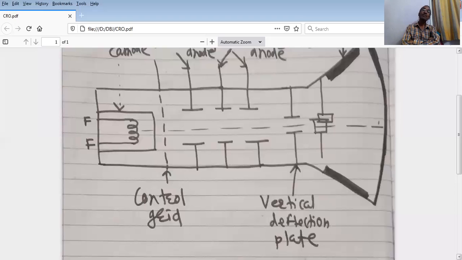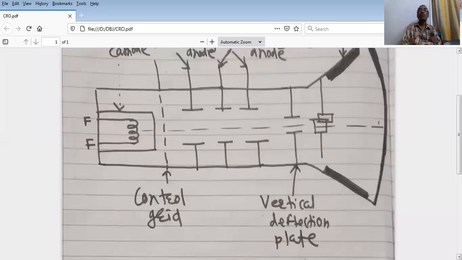Then they faced the fourth problem. The electron beam is not striking at the center of the screen, but strikes the upper and lower part of the fluorescent screen. To avoid that, the solution comes as the focusing anode. Just as we focus a slit in a dark room, the same thing is here, but by applying electric potential.